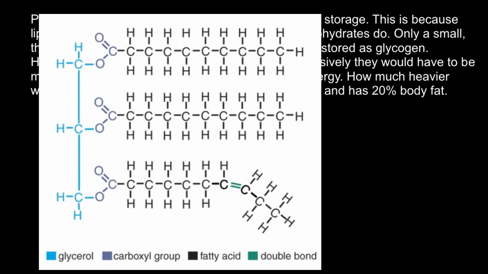And monounsaturated or polyunsaturated fatty acids at room temperature usually would be liquid because they wouldn't be so densely packed. Both fats and oils would be a great source of energy for all living organisms, including us humans.